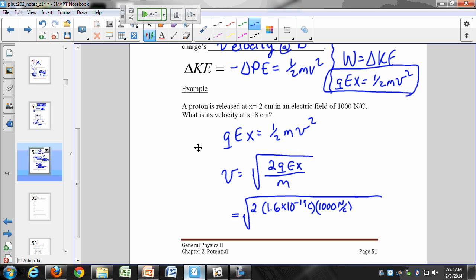What is the distance it travels? 10 centimeters, 0.1 meter in the SI system, divided by my mass.